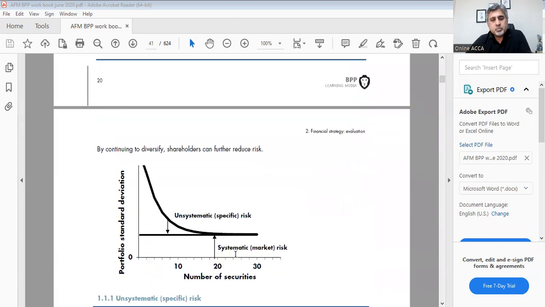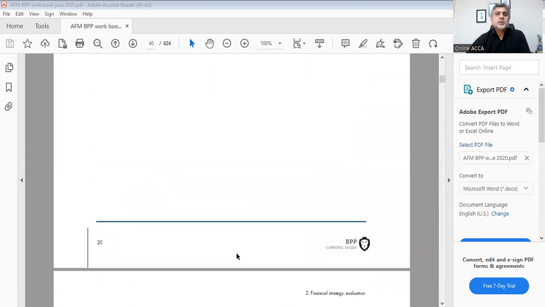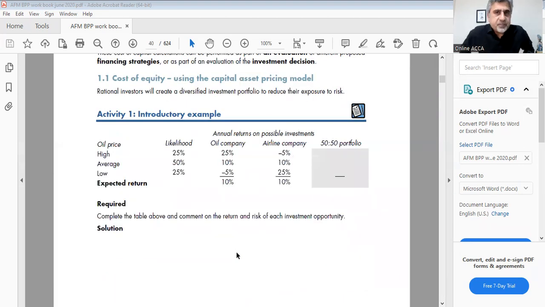Okay, so now remember that as a general principle, it may look very basic to you because some of you have already watched AFM lectures and almost all of you have passed your ACCA AFM or F9. So you should be familiar with the concept, but I just want to make a very quick reminder.